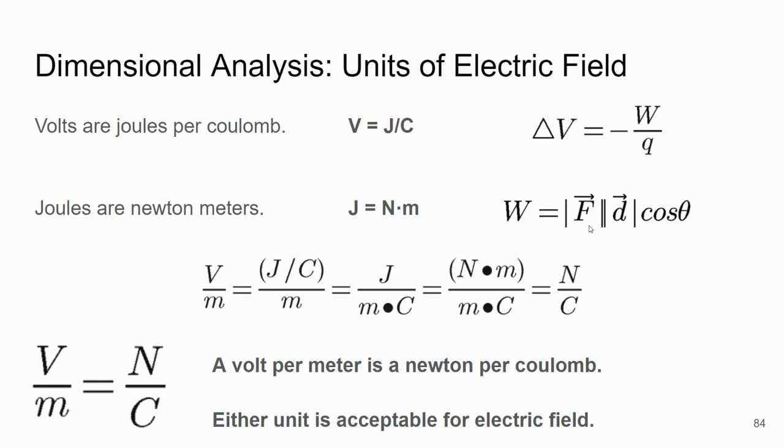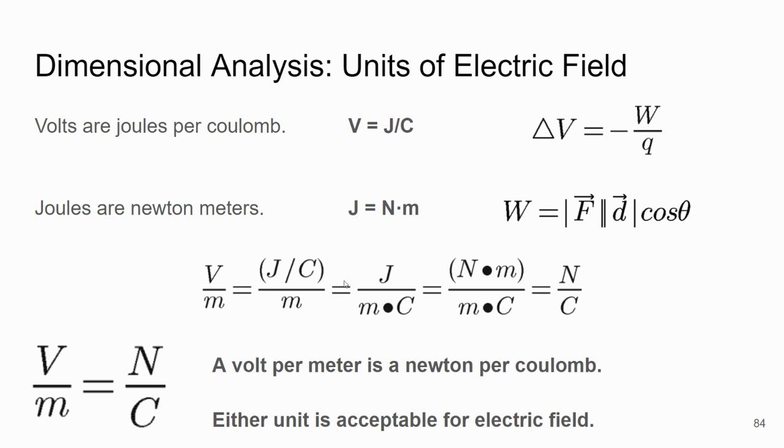And this work formula that we had, work is force times distance. So newtons times meters. So work is joules. That means a joule is a newton times a meter. So start with this idea. I just told you the units of electric field are volts per meter. Okay, a volt is really a joule per coulomb. So now we have joules per coulomb over meters.